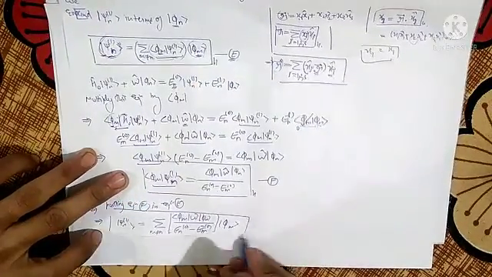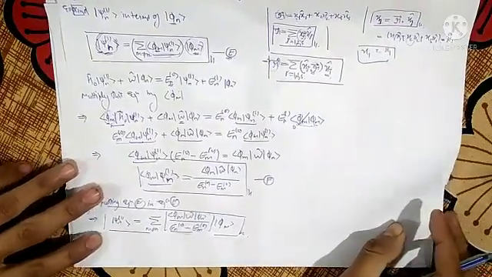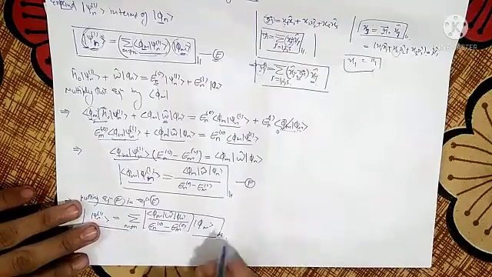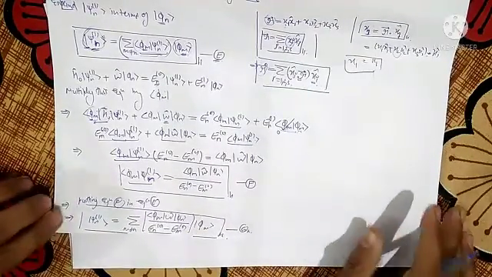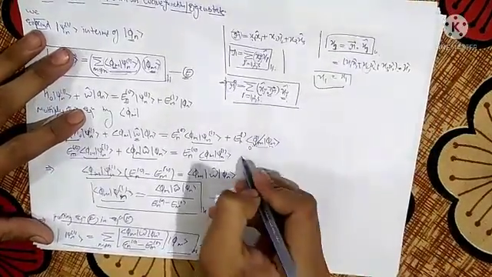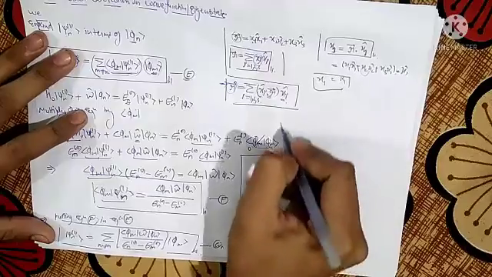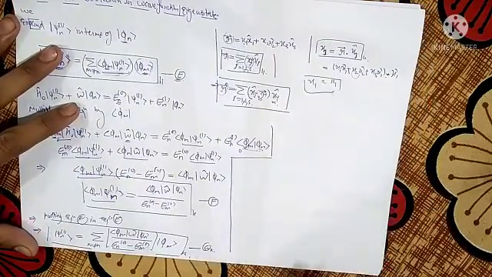So this is the first order correction in the wave function. This is the quantity that we were looking for, so it is a very important quantity, right?